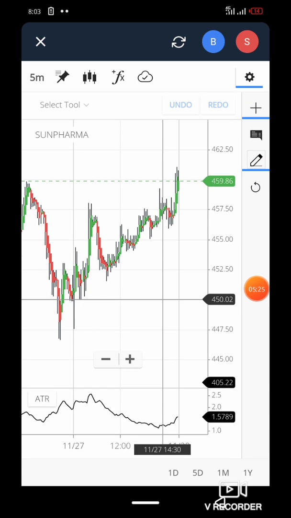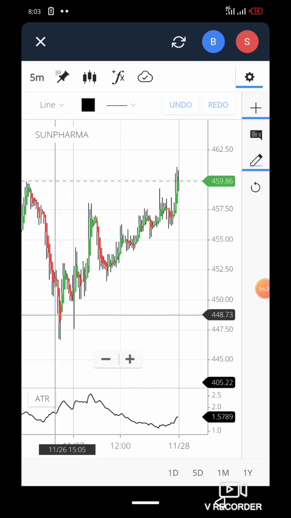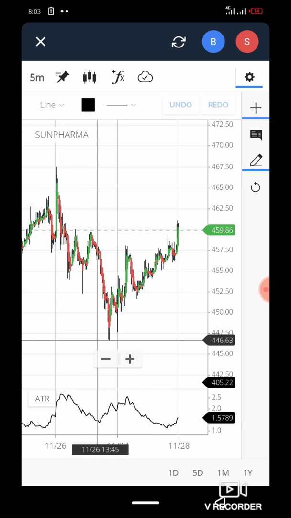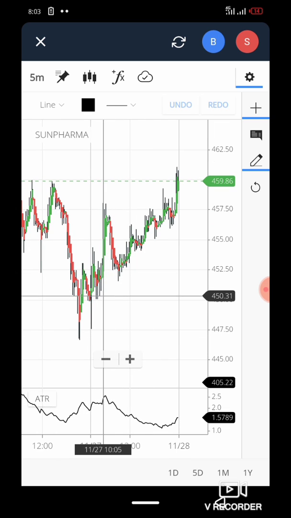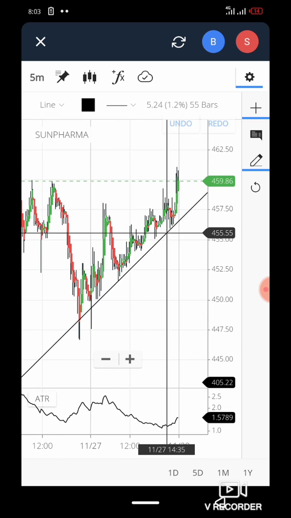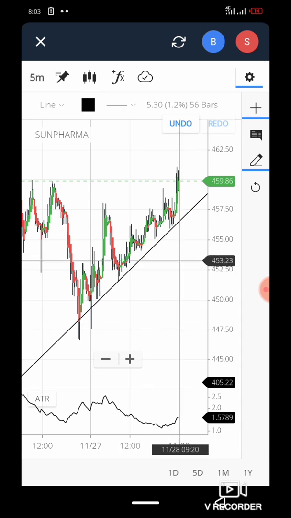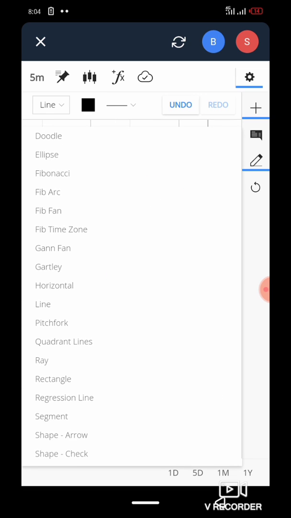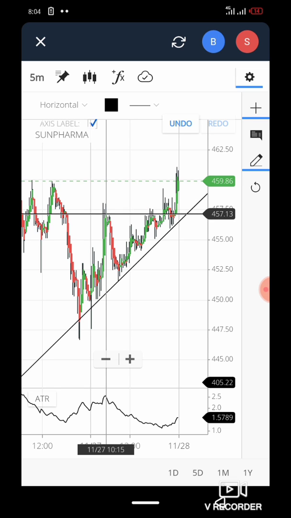If you see this, this is going in an uptrend. I will not buy here due to greed.